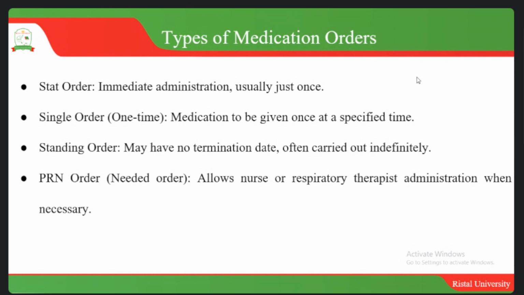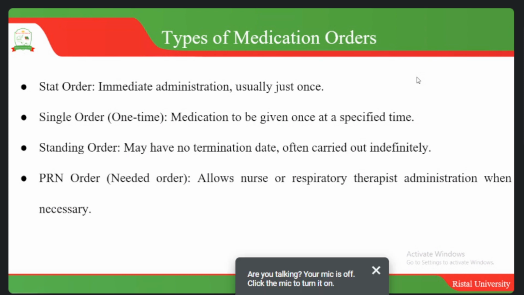So we also look at the PRN order. This is as-needed order, and as mentioned earlier in our terminologies and abbreviations, PRN is whenever necessary or whenever needed. So it allows the nurse or respiratory therapist to administer when necessary.